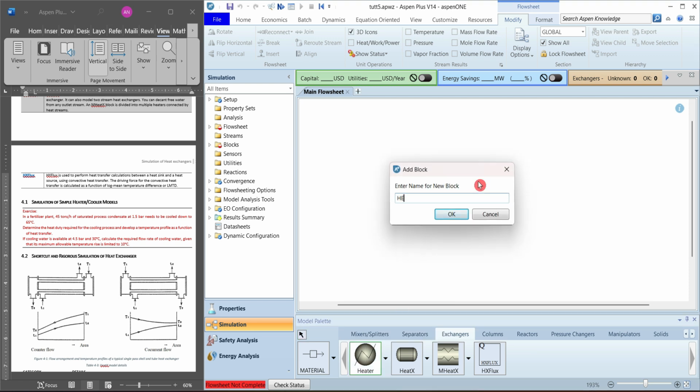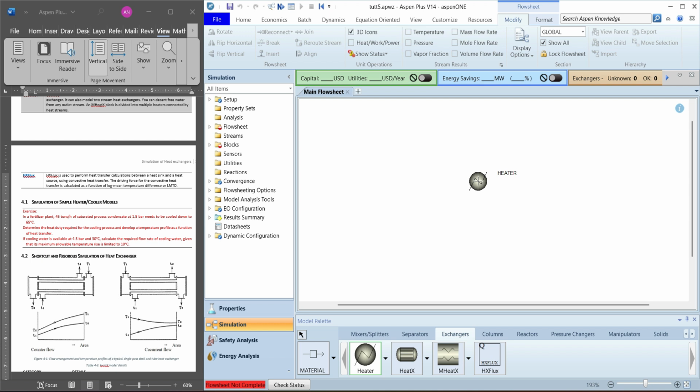Give it a name, anything you want. Then we need one inlet stream and one outlet stream. Pick a material stream, and you can read at the input port: it's a feed on the left. You can attach multiple feed streams, or a minimum of one feed stream.